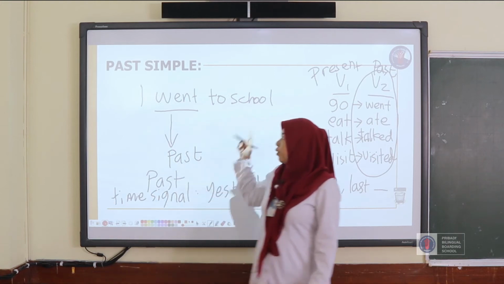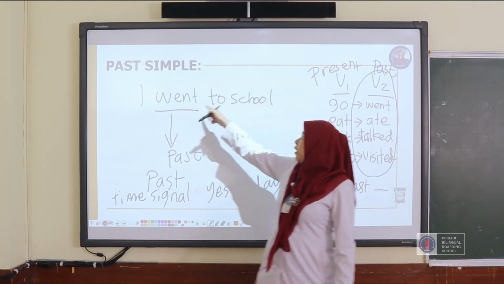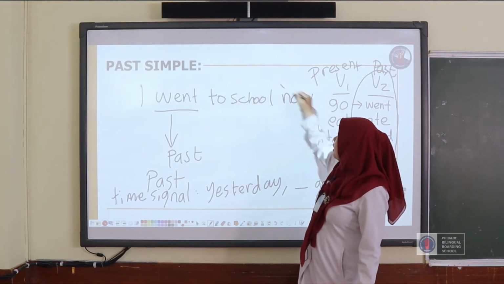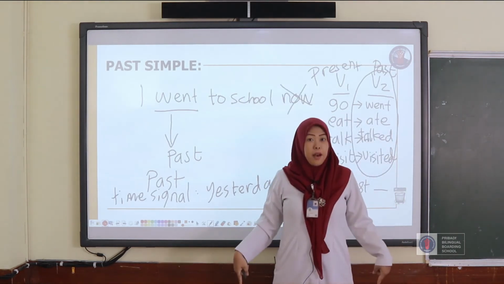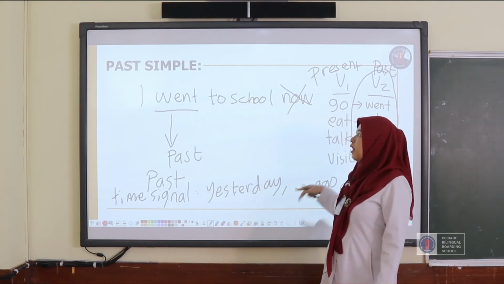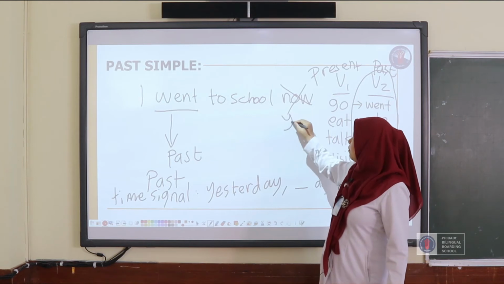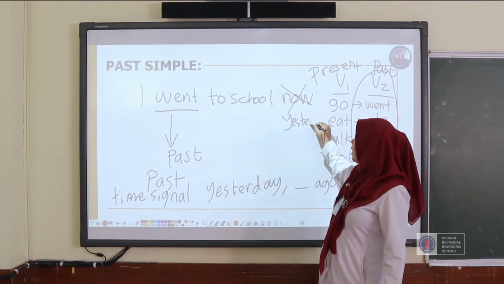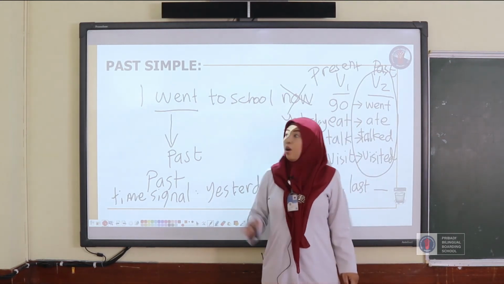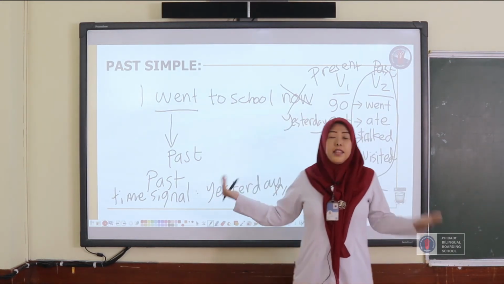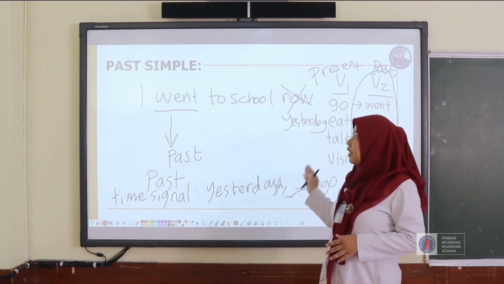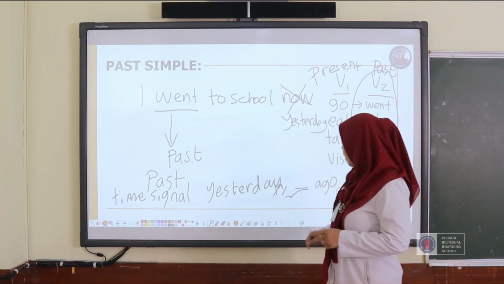So here, you can add to I went to school. You cannot say now because this is present right now. That's why you're going to use the time signal: I went to school yesterday. This is the past simple. Already done yesterday, it has nothing to do with us now in the present.